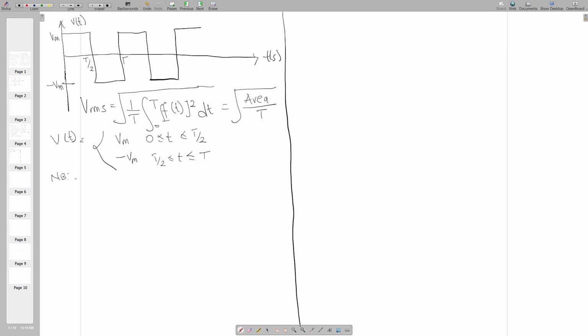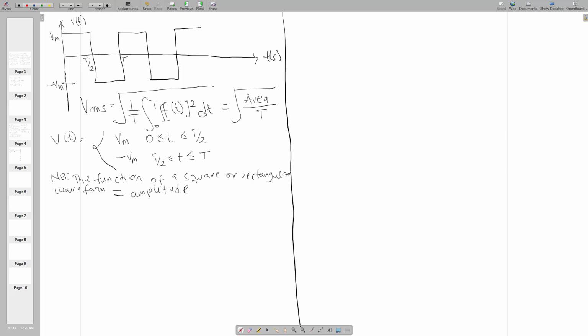So the trick here is to note that the function of a square or rectangular waveform is the same as the amplitude of the cycle.